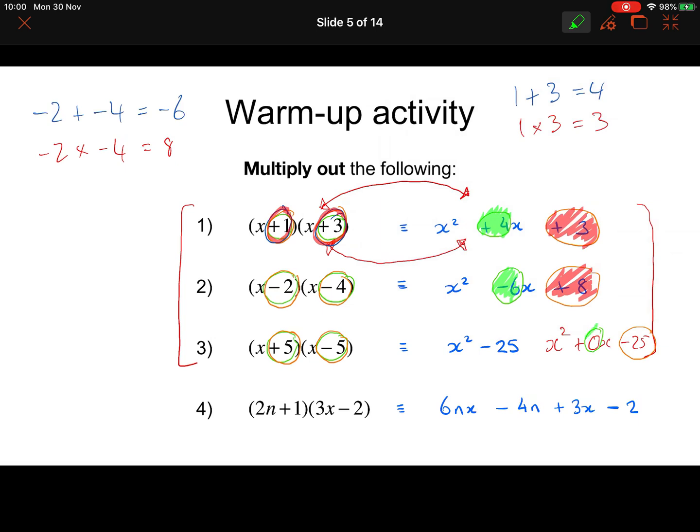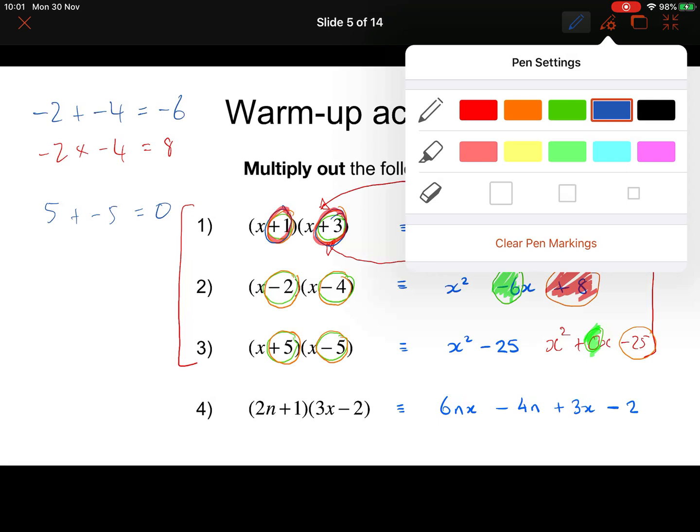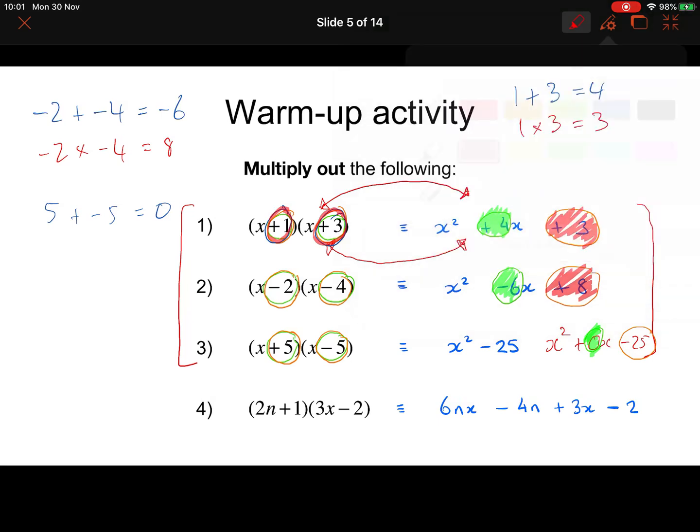This 0 here is obtained by doing 5 plus minus 5, that's equal to 0. And the minus 25 is obtained by multiplying those two numbers together. Minus 5 times plus 5 is equal to minus 25. Okay? So that is really, really useful information.